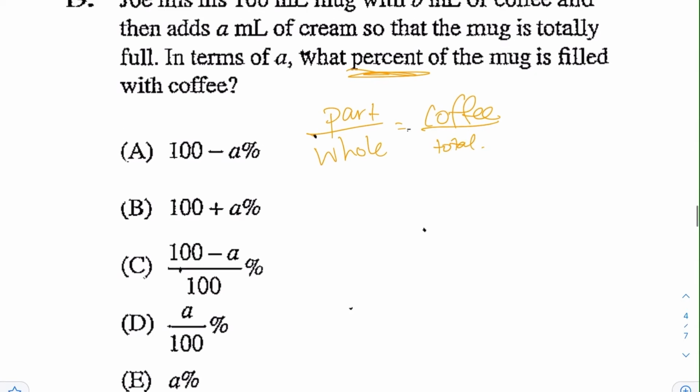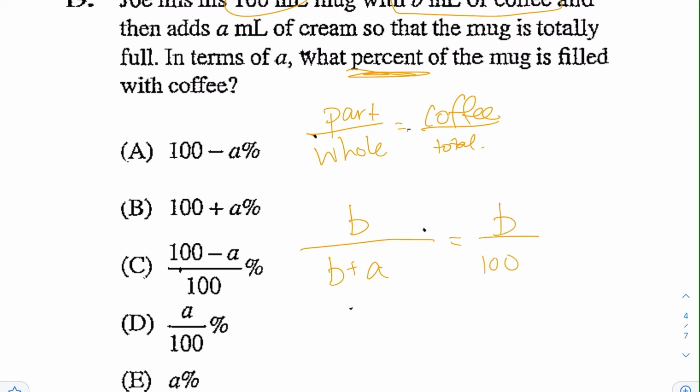The coffee is B milliliters, and then it's A milliliters of cream. So the total is B plus A. But B plus A, you know, is 100, because that's the total. So it's B over 100.